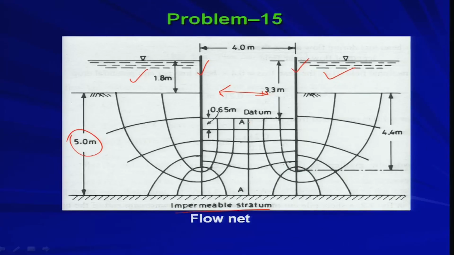If you consider the line AA, with respect to line AA, this problem is symmetric, am I right. So, if you consider the left side of the cofferdam or the right side of the cofferdam, you will get the same amount of flow. If you consider the right side, flow will be happening in this direction. If you consider the left side, flow will be happening in this direction. So, if you consider any one side and find out the seepage flow, that will serve your purpose. Now let us solve this problem.